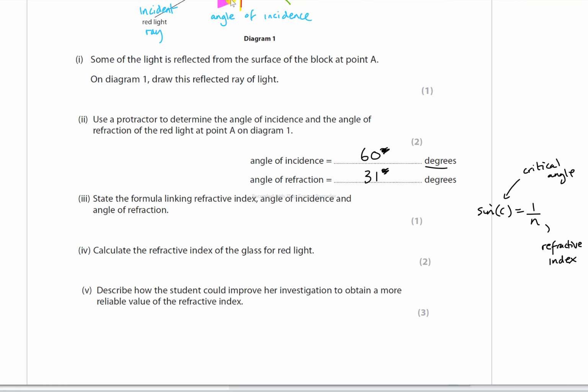Now they want us to work out the other formula. So n is the refractive index, is the sine i over sine r. This is the angle of incidence.